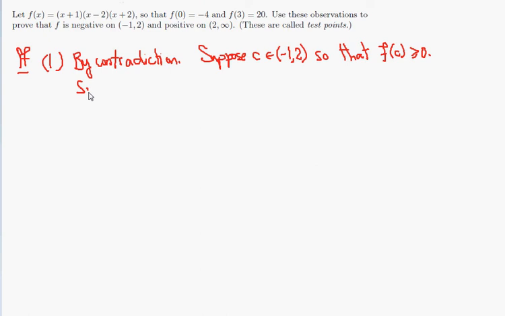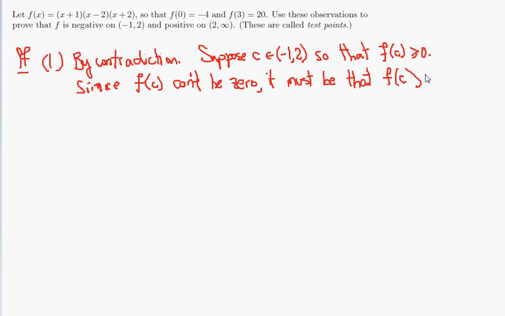So since f of c can't be equal to 0, it must be that f of c is positive, because it clearly can't be negative.